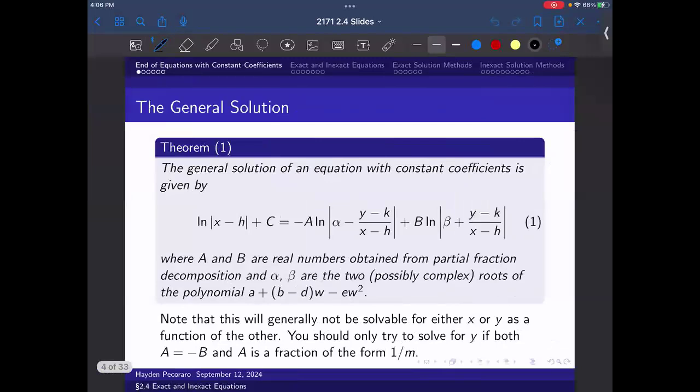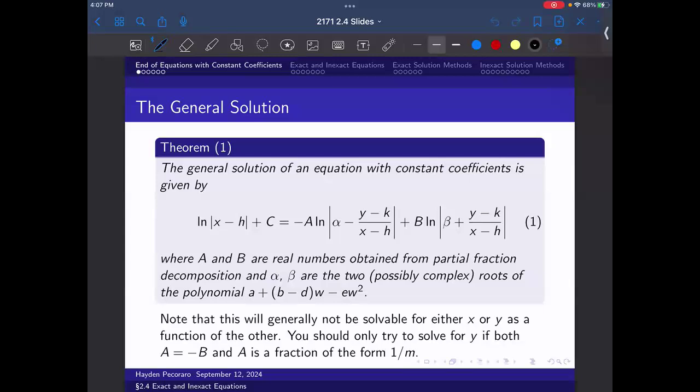So one more thing to note is that this isn't generally going to be solvable for X or Y. So depending on what A and B end up being and what alpha and beta end up being, it might be really hard or impossible to get one in terms of the other.